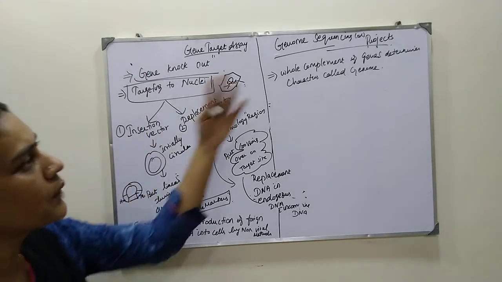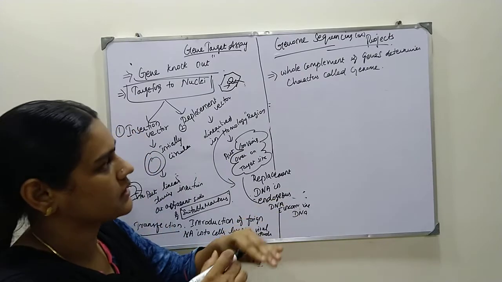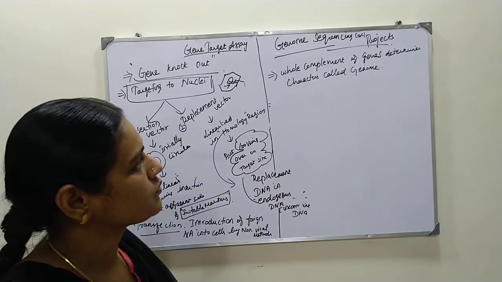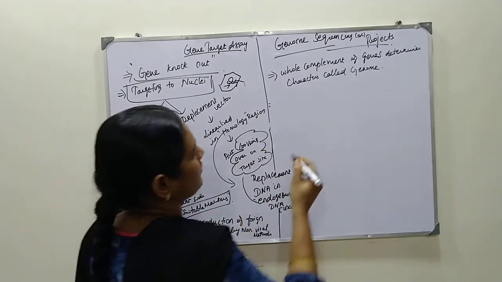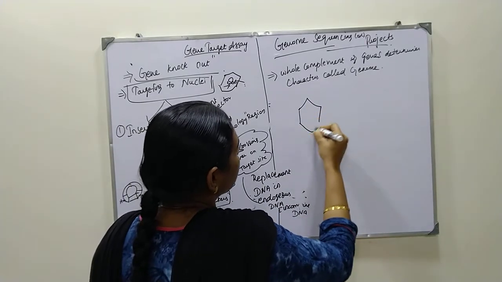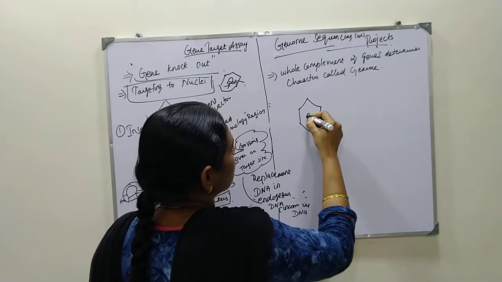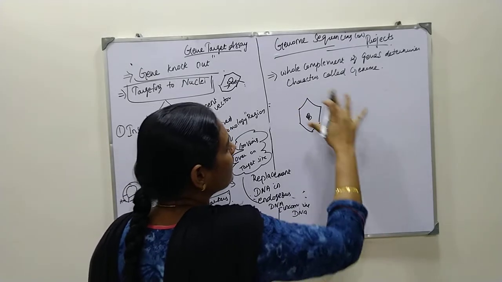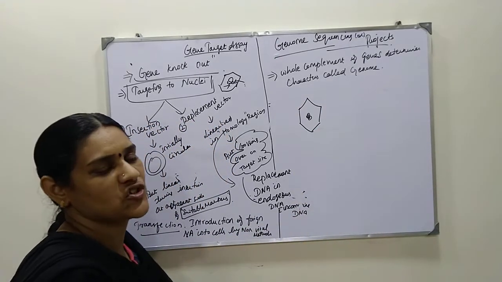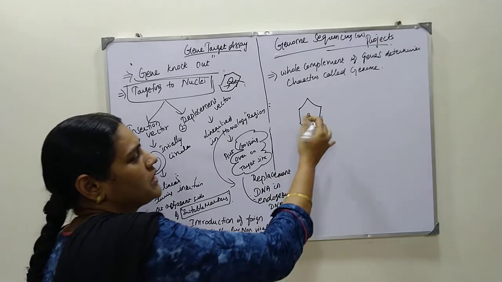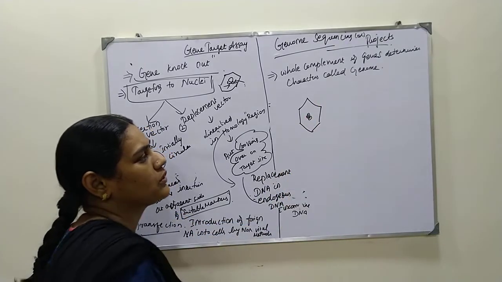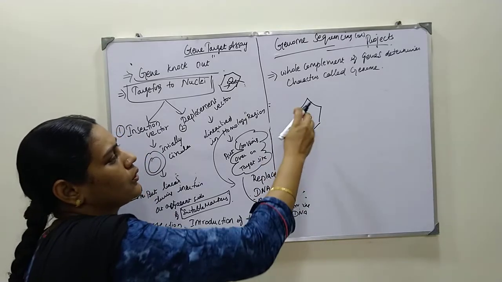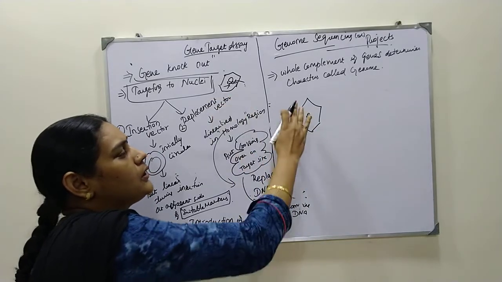Next I am coming to the genome sequencing projects. Genome sequencing projects concern the whole organism. Suppose I am taking a rose plant. This plant consists of cells, and the cells consist of nuclei. All the nuclei contain all the characters: flower color, shape, structure. All characters are determined only through the genes of the full organism.